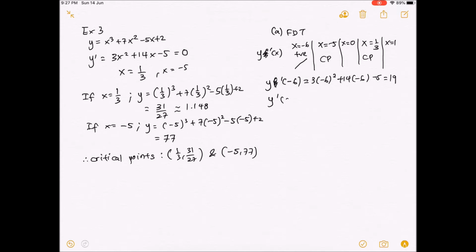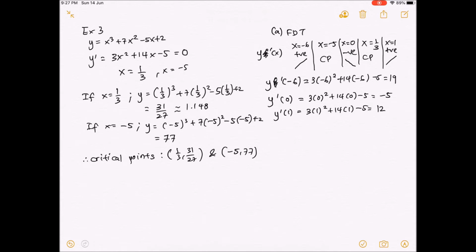If my x equals 0, then I will have 3(0) squared plus 14(0) minus 5, which is obviously minus 5, and minus 5 is negative, so the slope will be decreasing. Lastly, if my x equals 1, I will have 3(1) squared plus 14(1) minus 5, which is equal to 12. Then 12 is again positive, so it will be increasing.